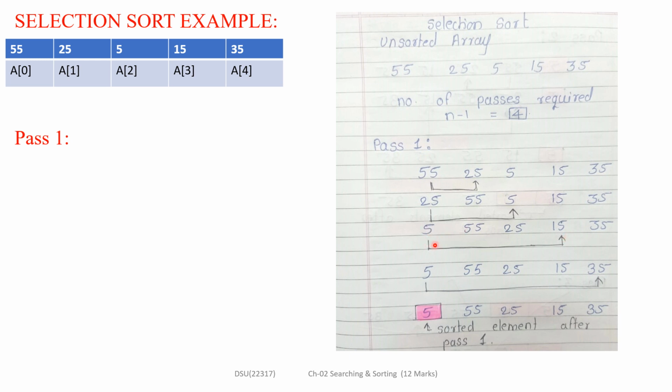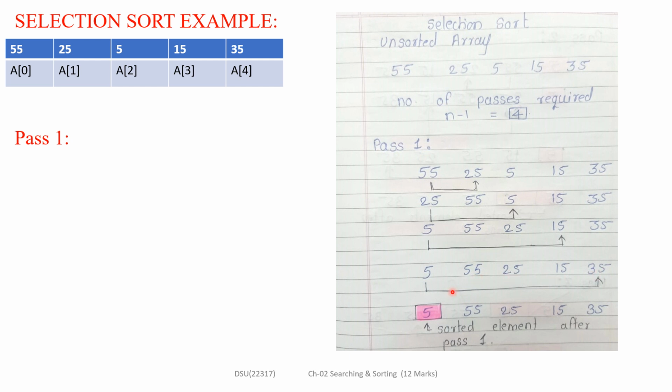Again we have to compare the first element with the next element. The next element is 15. 5 is less than 15, so no swapping is done, means no interchange. Then in the next iteration, 5, 55, 25, 15 and 35.